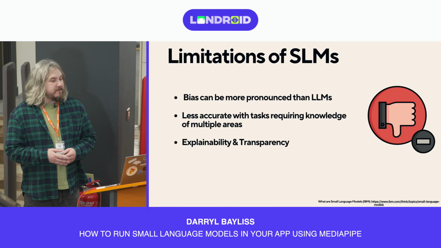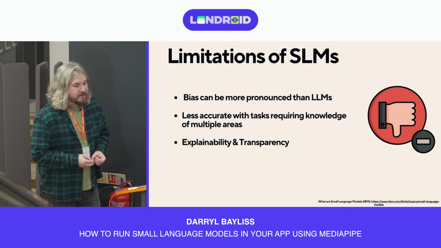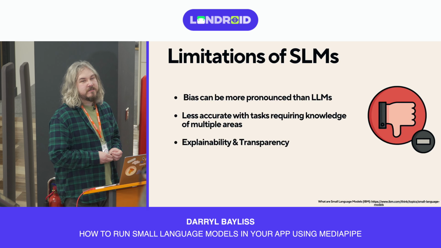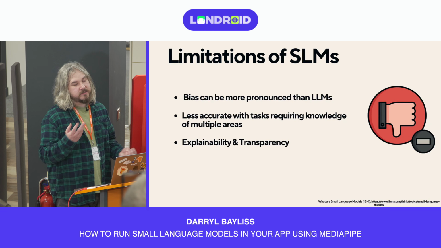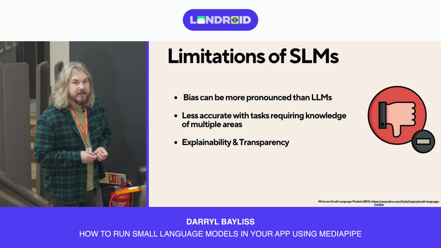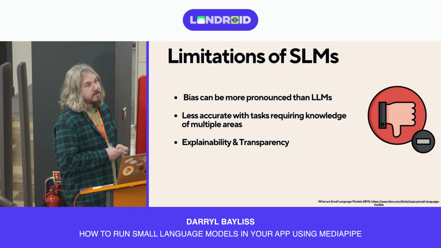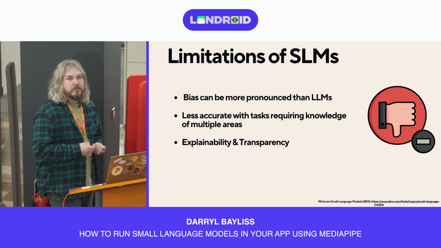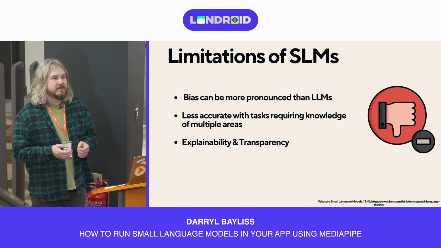As with everything in life, there are some limitations. If you're beginning to use an LLM or you've trained your own, it really does depend on the training data that model's been trained on. So you do need to be careful about the bias that's included in that data.